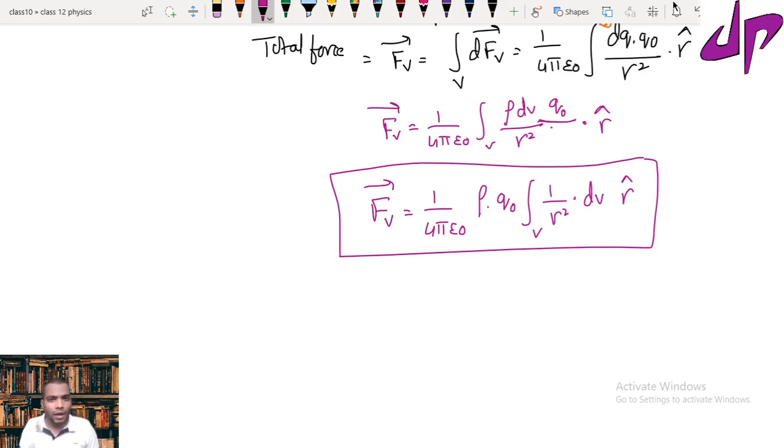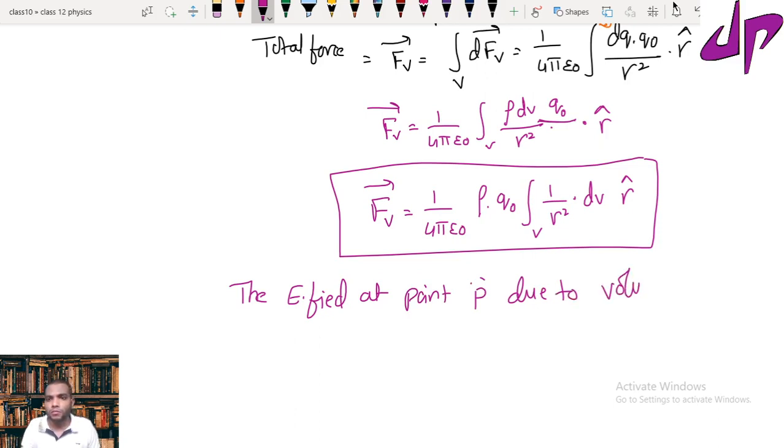If you know the Coulomb force, we can then find the electric field at point P due to the volume charged object. I can define the electric field due to a volume charged object as force per test charge.